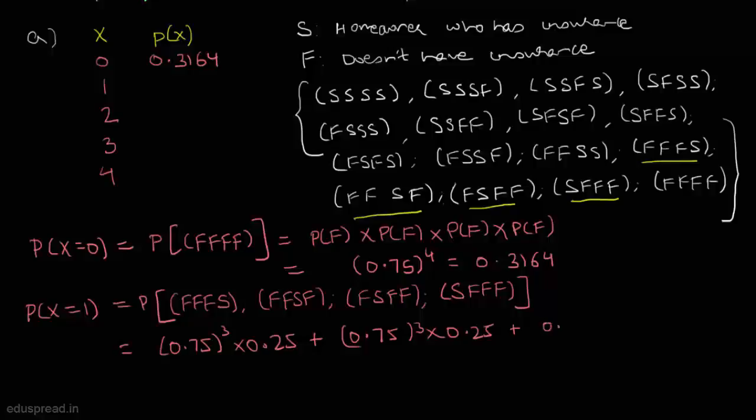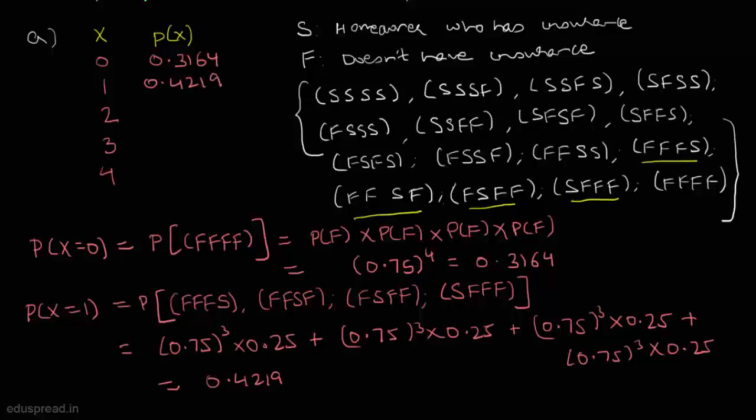So 0.75 raised to the power 3 multiplied by 0.25, this is for this, and the last one 0.75 raised to the power 3 multiplied by 0.25. So this is equal to 0.4219. So this probability is equal to 0.4219. Let's now find the probability that X is equal to 2.